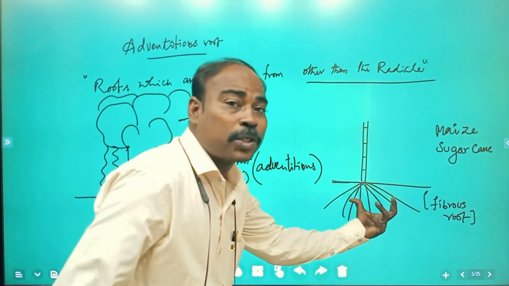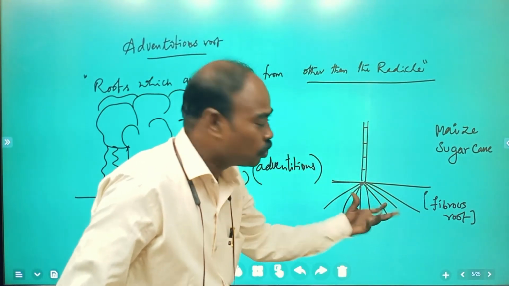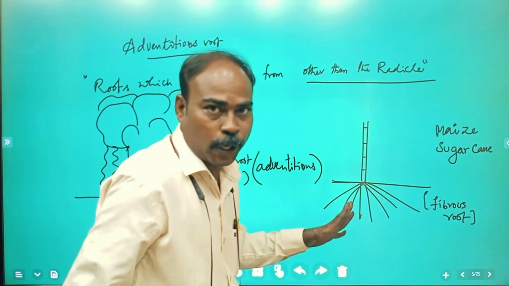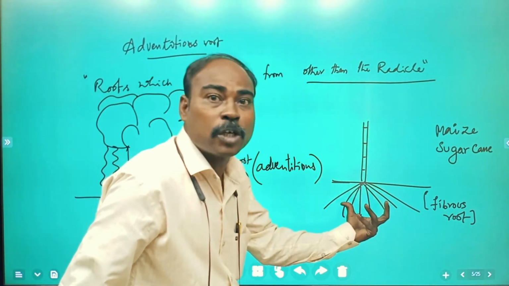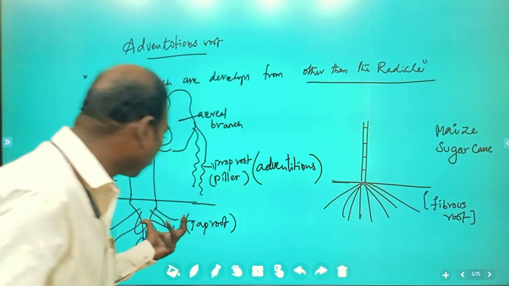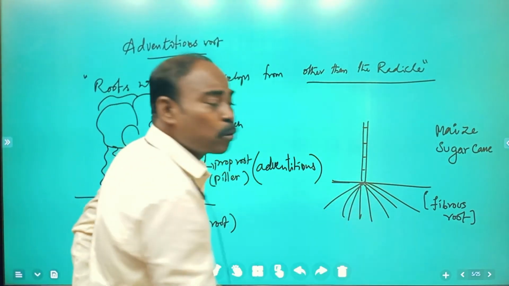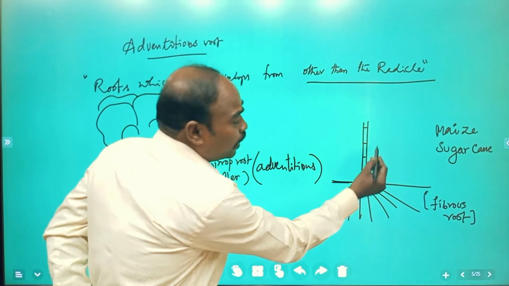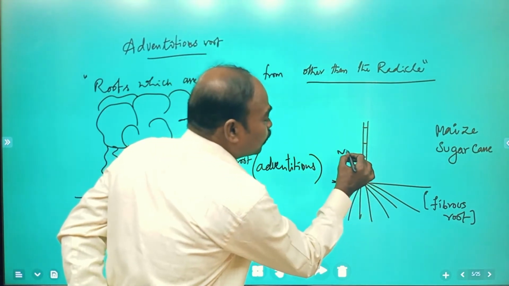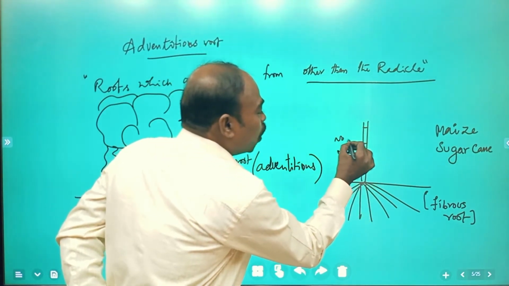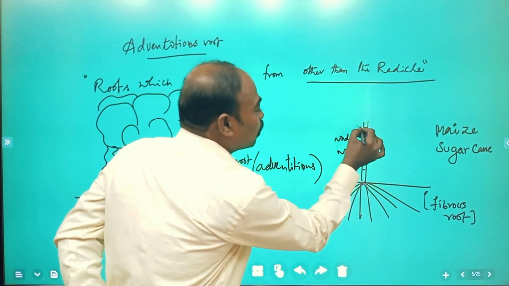You know the fibrous roots are the main roots here in these plants, developed from the base of the stem. We know it is useful for absorption of water and minerals. Here also the taproot is useful for absorption of water and minerals. But in the maize and sugarcane plants, from the lower nodes, this is one node. This is a node, right?